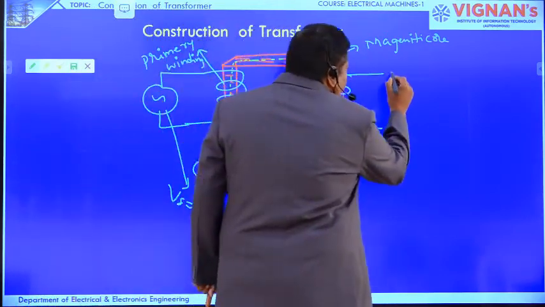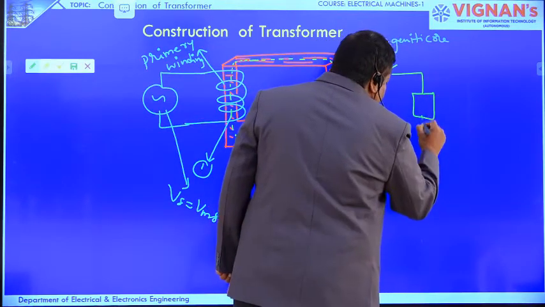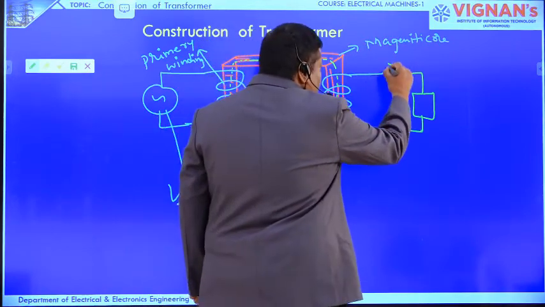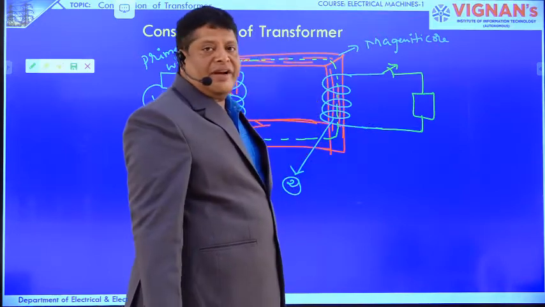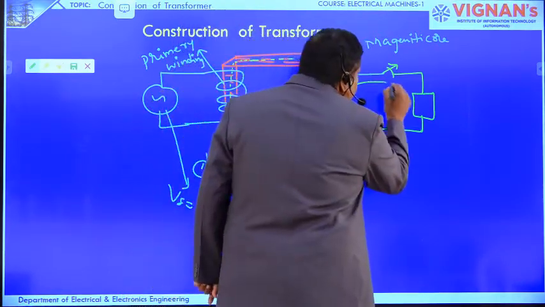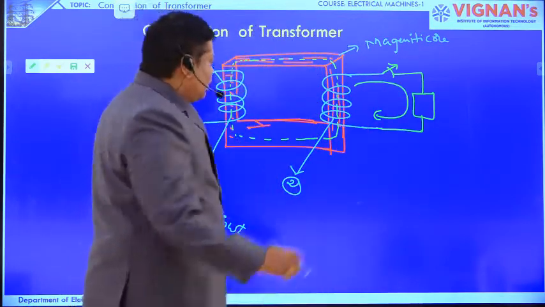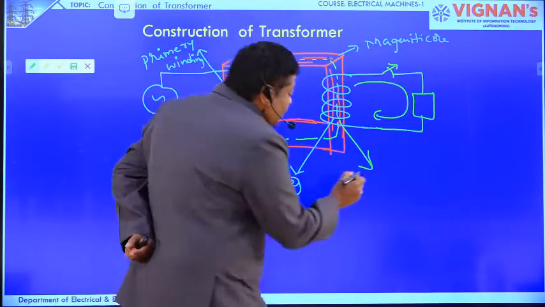Suppose we connect a load, if we close this switch, we have connected a load across the secondary winding. Now it is giving electrical power to the load.